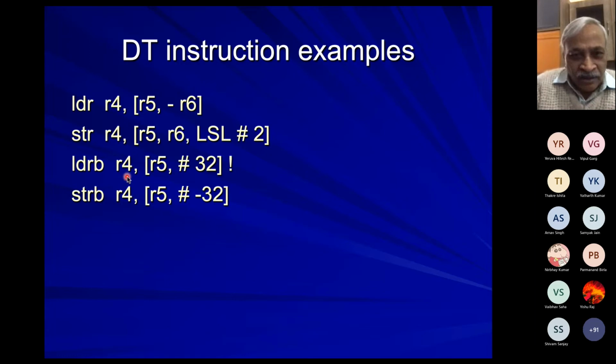Then what is the use of the exclamation mark? It was also done by LDR, right? No. If this exclamation mark is not there, then this instruction will not change R5. Oh, okay, fine. The addition is done only for the purpose of getting the memory address, but that sum is not stored anywhere. Fine. The sum is used to access memory, but not stored in R5. If you put the exclamation mark, it is stored in R5. And this will mean that the W bit in the opcode is made 1.